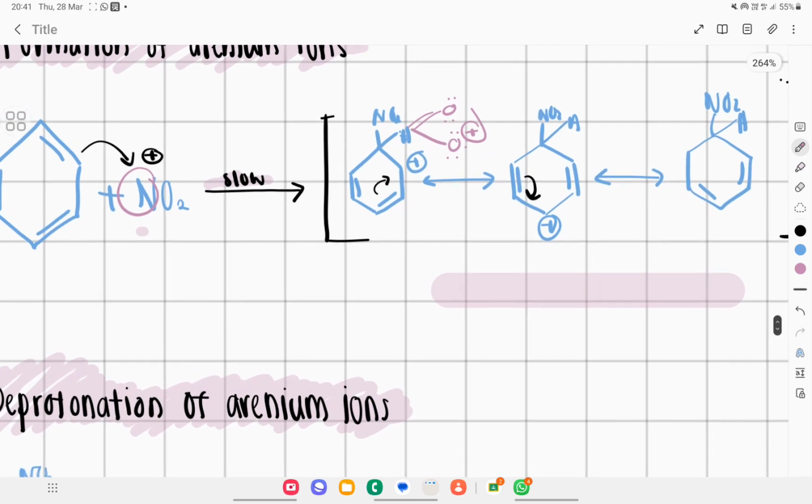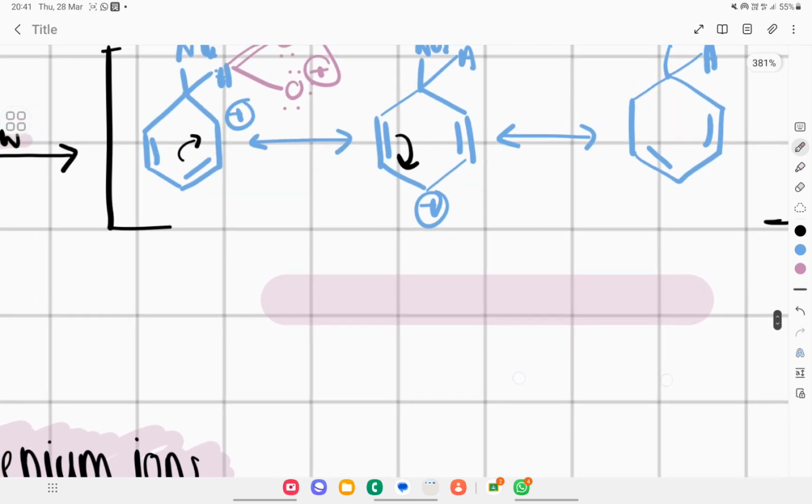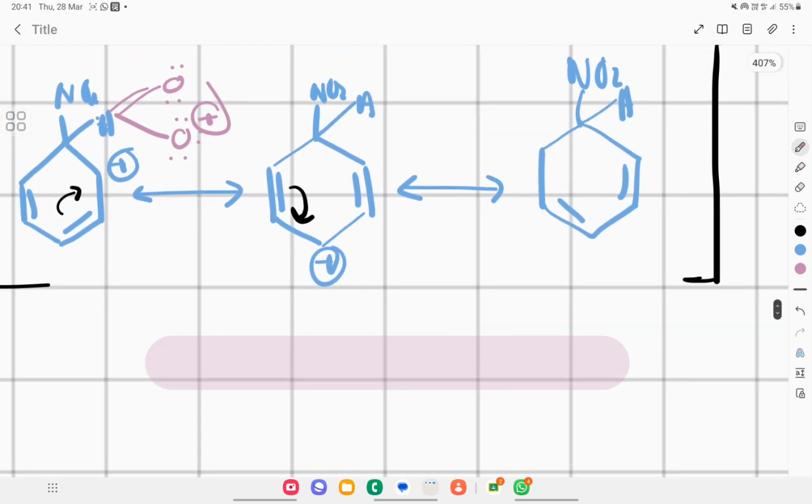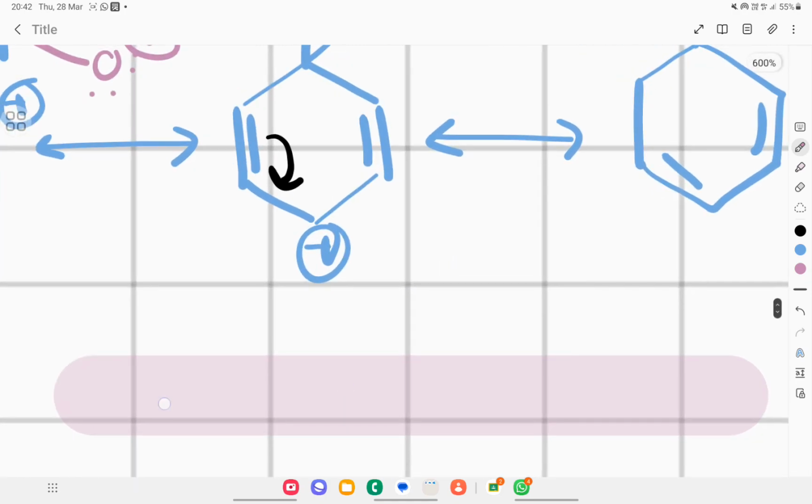That's what I learned from a video on YouTube, but I don't know if it's correct. I hope I get the concept correct. These three are called arenium ions.